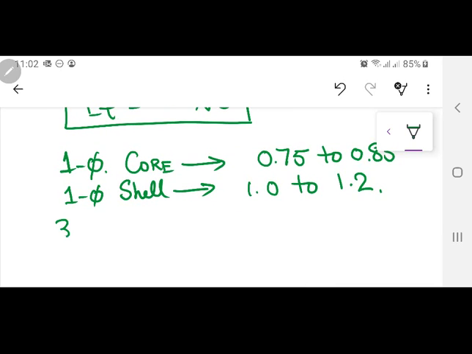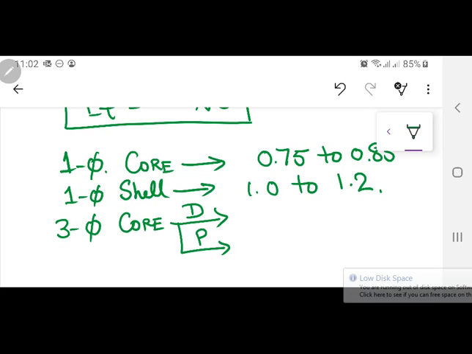If you have a 3-phase core type transformer, in core type you have two designs. One is a distribution transformer, the other is a power transformer. What was the main difference between them? A distribution transformer works 24 hours a day, 365 days a year, so here you need to keep the core losses small.